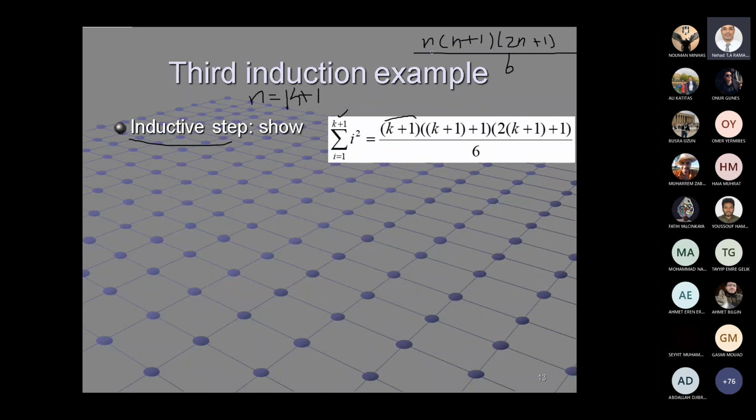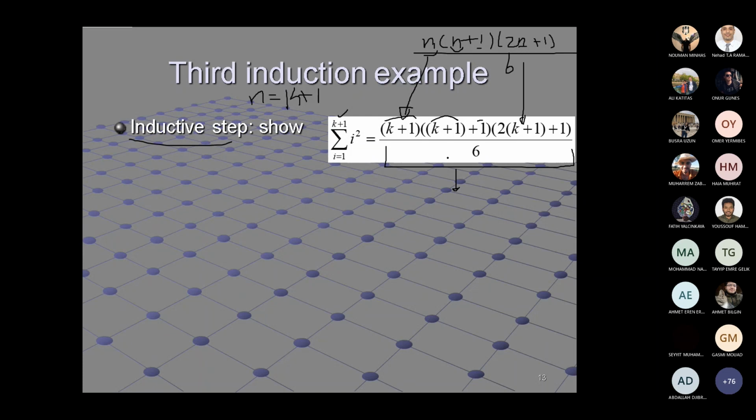Okay, now instead of n, we will put k plus 1. So k plus 1 multiplied by, here, k plus 1 plus 1. So k plus 1 plus 1 multiplied by 2 times (k plus 1) plus 1, divided by 6. Okay, we can just organize the right-hand side.